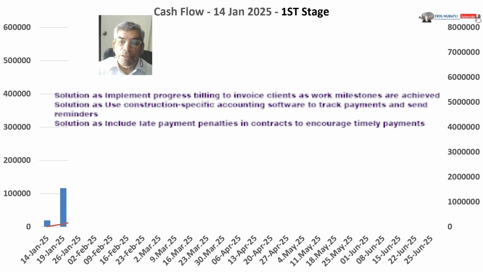The solutions are to implement progress billing to invoice clients as work milestones are achieved, use construction-specific accounting software to track payments and send reminders, and include late payment penalties in contracts to encourage timely payments.